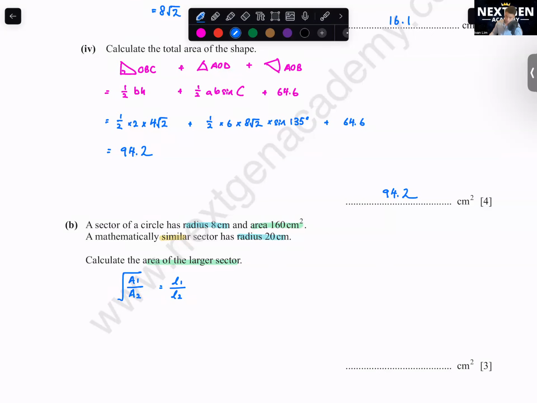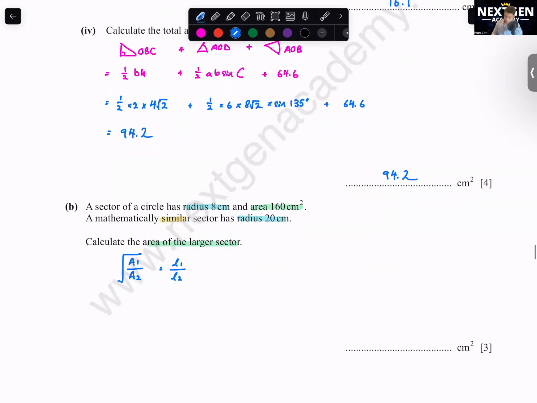What are we going to fit into here? We have one big and one small one. So let's put the big on top, small at the bottom, because they want us to find the area of the larger sector. This is the small one. This one is the big one.